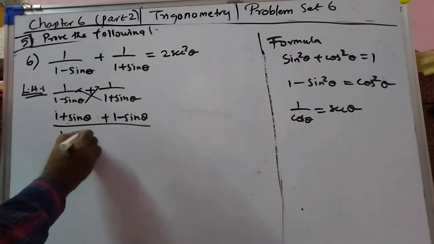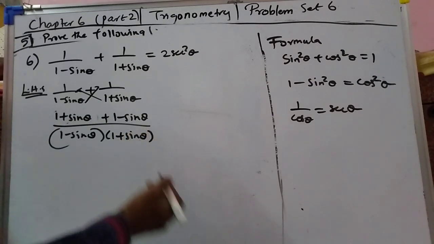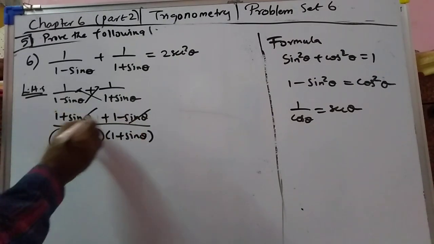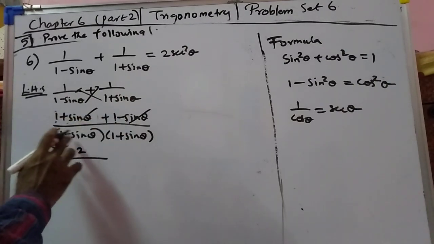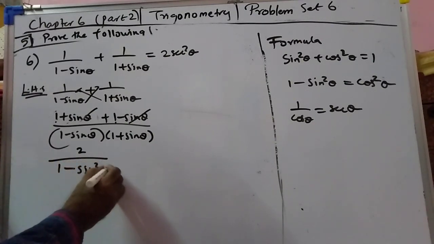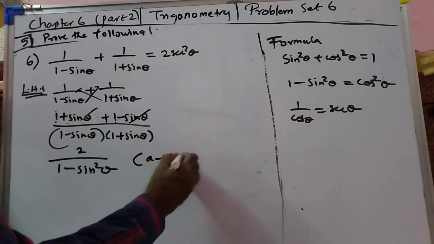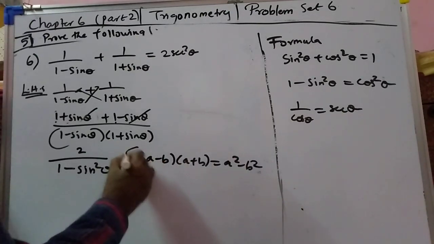Divided by 1 minus sin theta, 1 plus sin theta. Okay. This 1 plus 1 plus 1 will become 2 upon... Now this is the formula: 1 minus sin theta times 1 plus sin theta, because the formula is there: a minus b times a plus b is equal to a square minus b square.